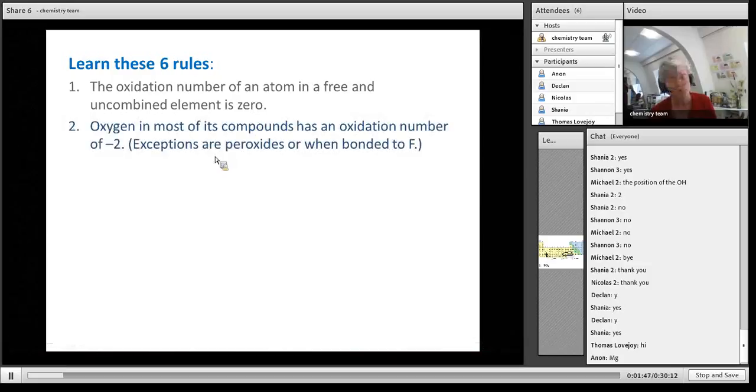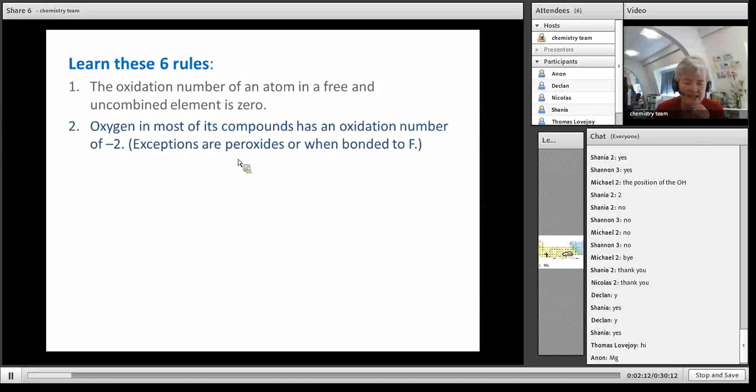The next one is oxygen, if it's in a compound, will be -2. So if it's got H2O or copper oxide or any compound you can think of that has oxygen, it will always be -2, except for one exception. And there's only one exception you have to learn.